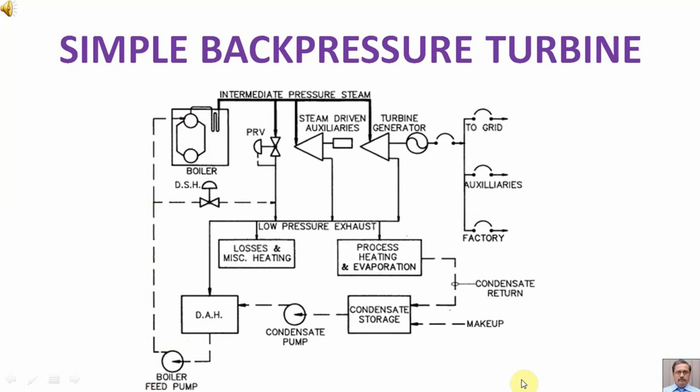Here we can see the pressure reducing valve to meet any extra requirement of low pressure exhaust, and to reduce the temperature of the steam obtained from the pressure reducing valve, we have a de-superheater, with the help of which the temperature of the steam is being brought down.